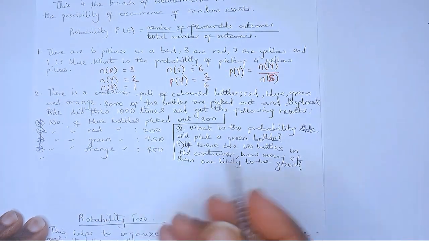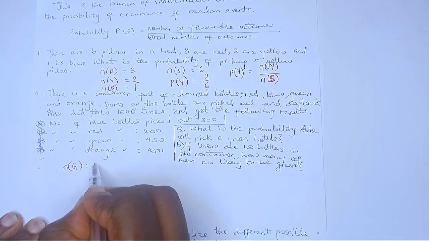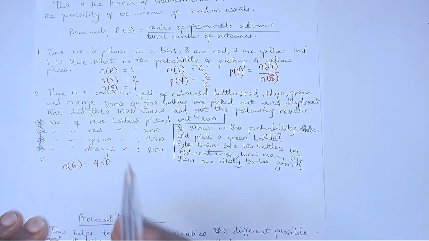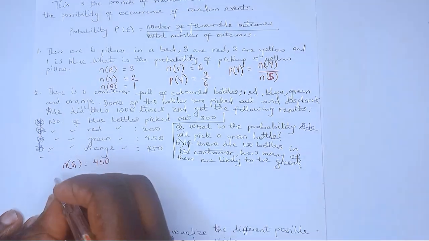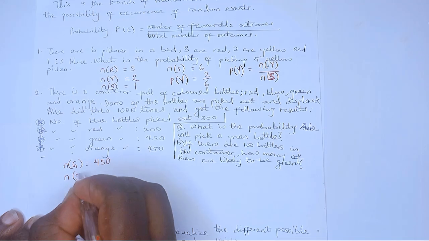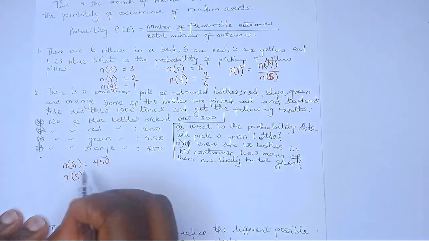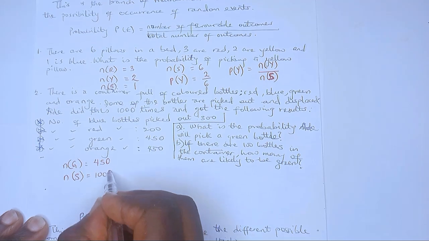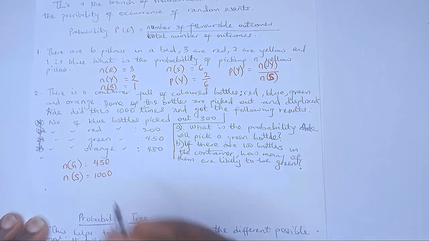Already you have the number of green bottles. We can denote it as N of green to be equal to 450 bottles, right? And then the total number of samples, which is the total number of balls, the sample space. If you add up everything, you will have 1,000. Now, what is the probability that Ade will pick a green bottle?